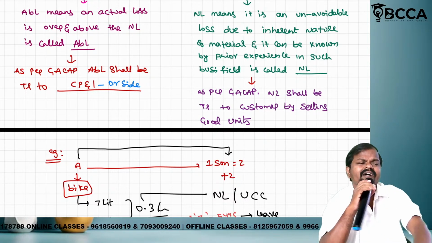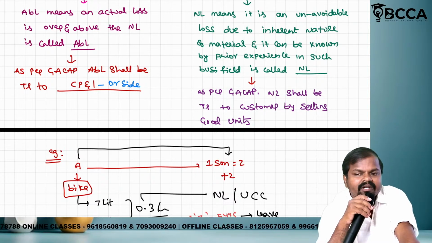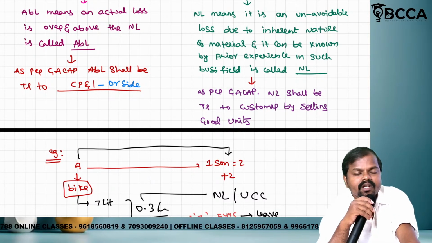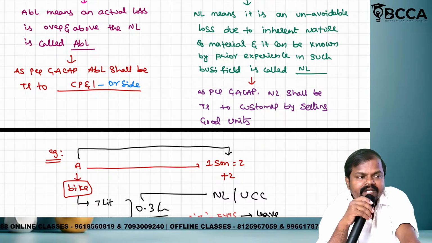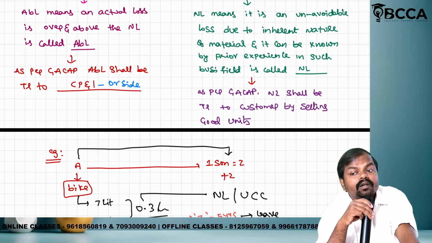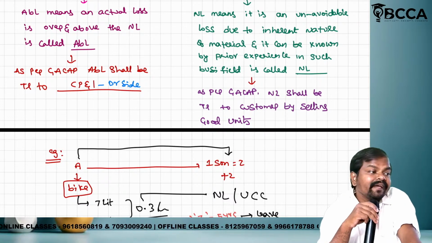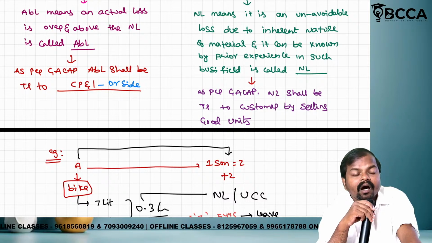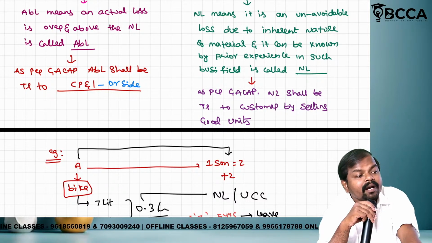What is the alternative name for controllable cost? Abnormal loss.